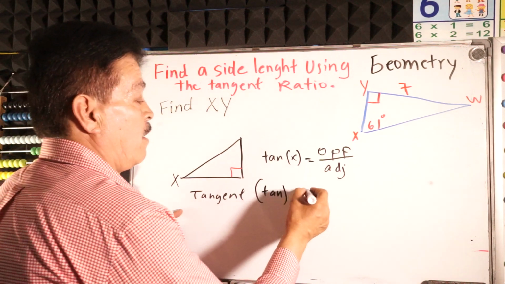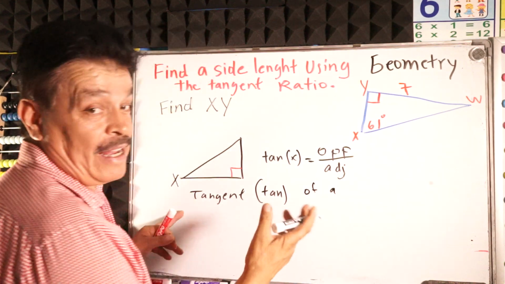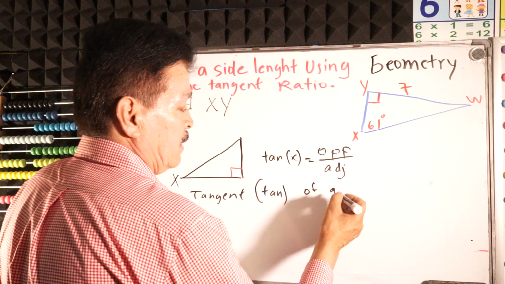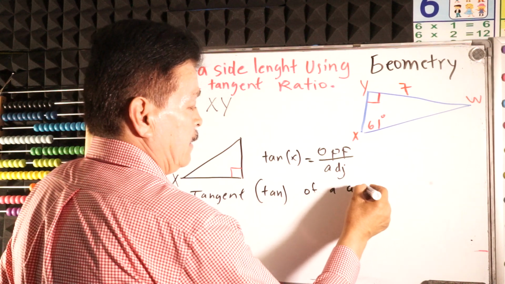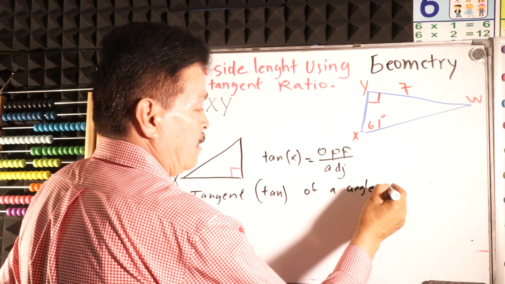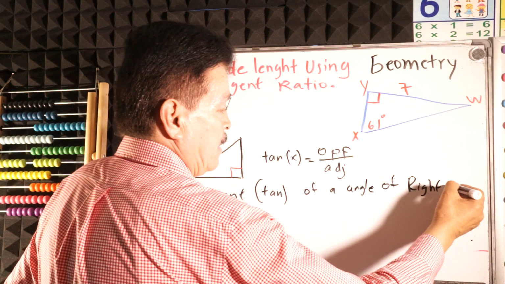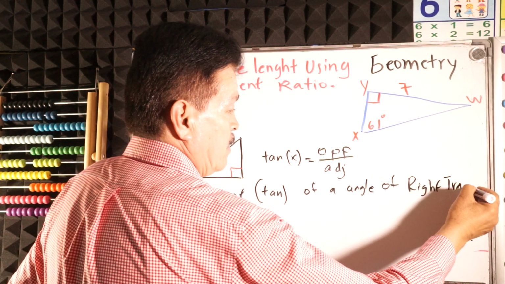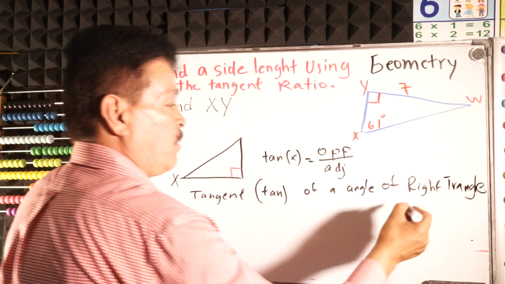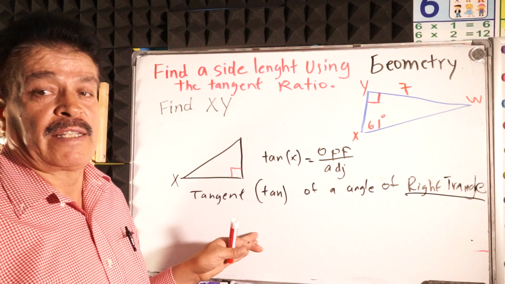This is the tangent of the angle. It must be a right triangle. We're talking about one angle of the right triangle.